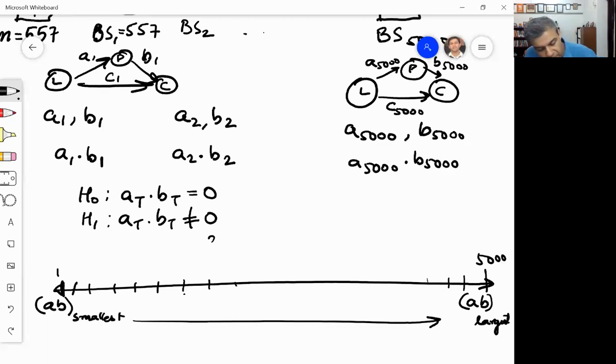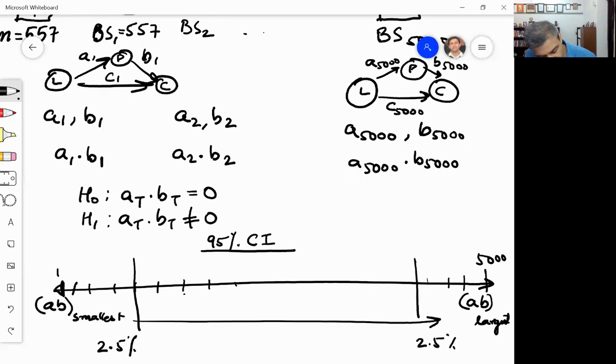Now you say, I want to test a 95% confidence interval. Okay, I want to see what is my 95% bootstrap confidence interval. So 95% means on the lower side 2.5%, on the upper side 2.5%. So it will find the cutoff, the lower bound. So this will become the lower bound of the bootstrap confidence interval, and this will become the upper bound.